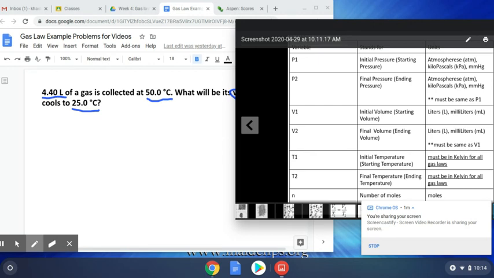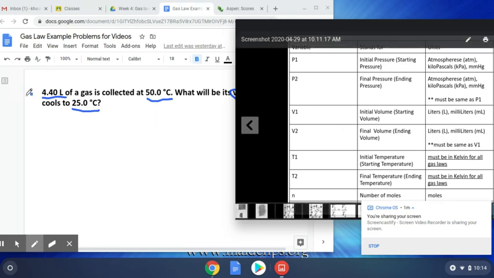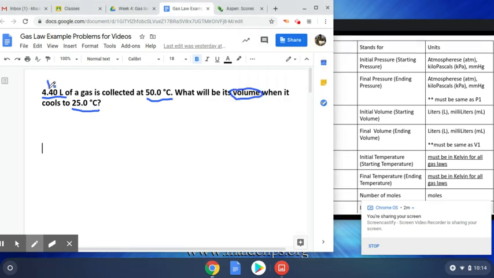Sometimes the problem will say, gas is at a pressure of blank, and then that makes it easy. But if it doesn't, like here, it says 4.40 liters of a gas. It doesn't tell you what the variable is. So if you go here and you find the units, liters is volume. Okay, and then the context of the question tells you that this one is going to be V1 because they're saying that's when it started.